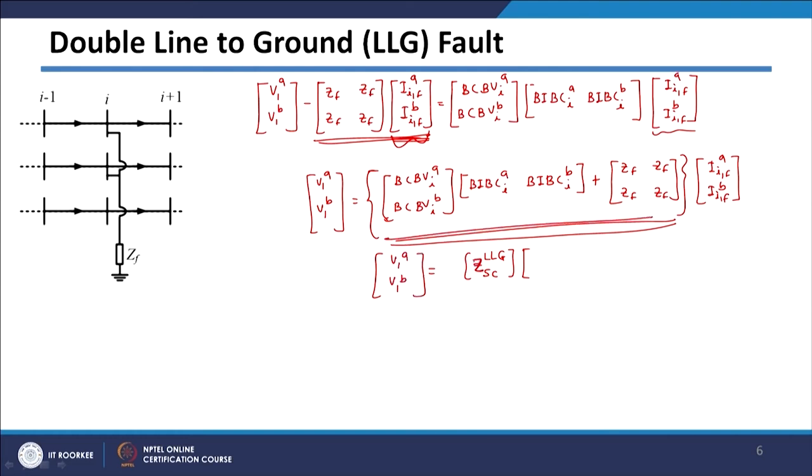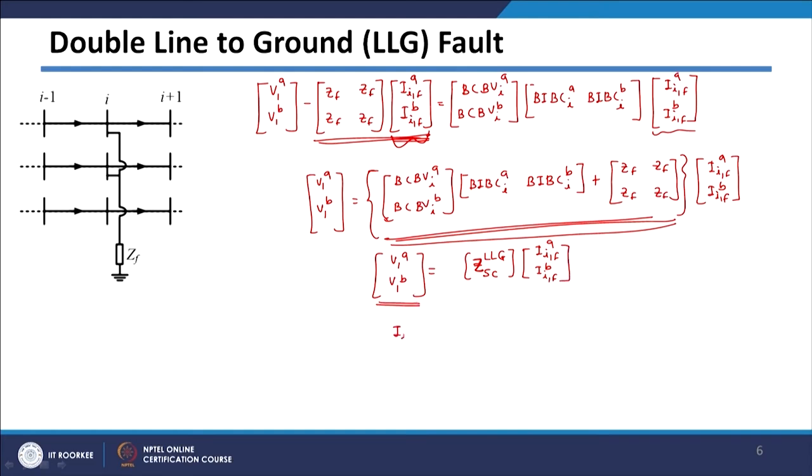this short circuit matrix of LLG fault times the fault current in A phase and fault current in B phase. Then we can actually calculate fault currents, because this part is known, since these are source voltages at bus number 1.